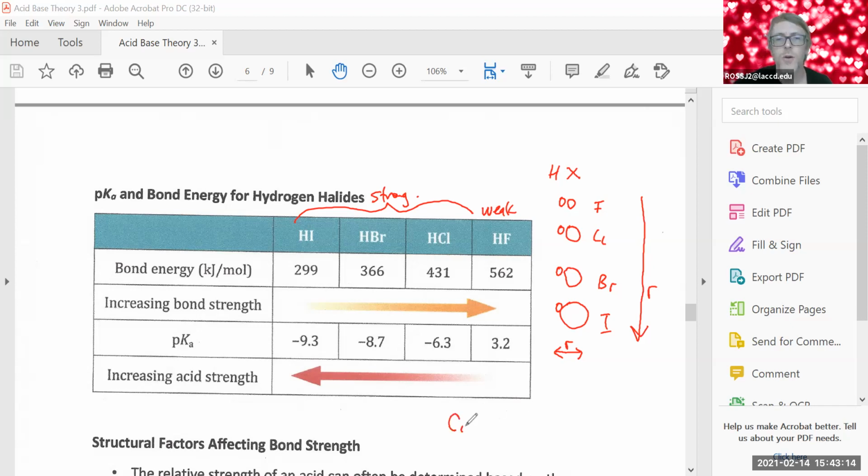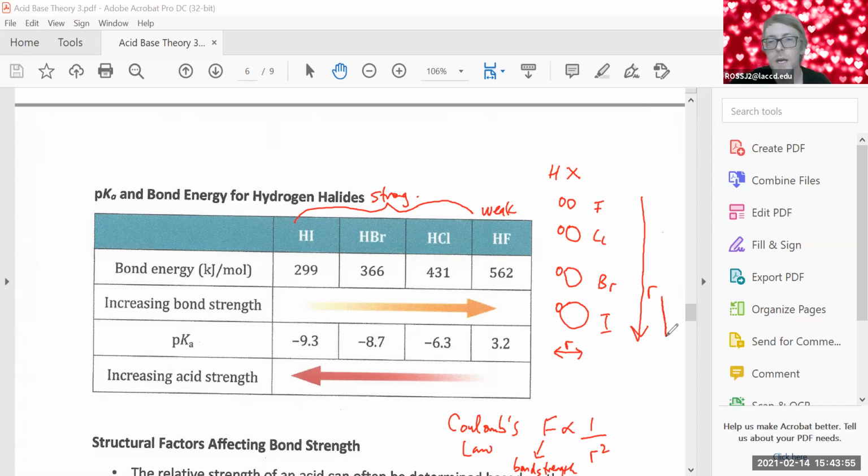Okay, so just from a Coulomb perspective, we know that the force is proportional to 1 over R squared. So here, F is proportional to bond strength, the force between these objects. Then as the bond length R increases because the atom is just getting larger, R squared is going to get larger, 1 over R squared gets smaller, so F gets smaller.